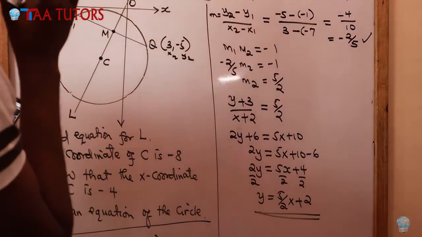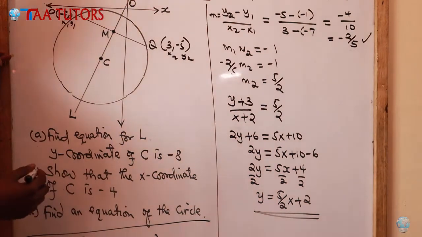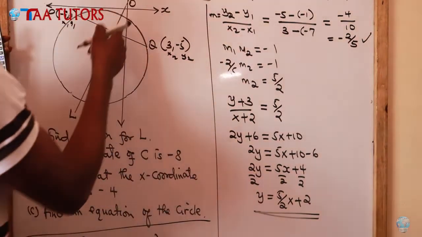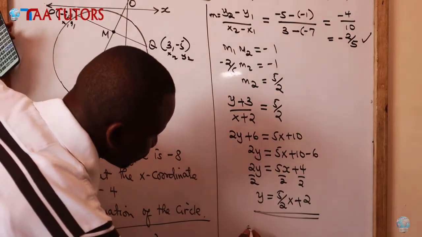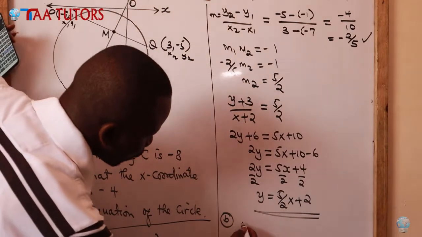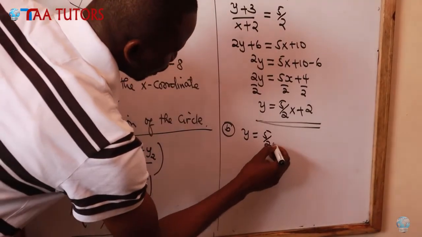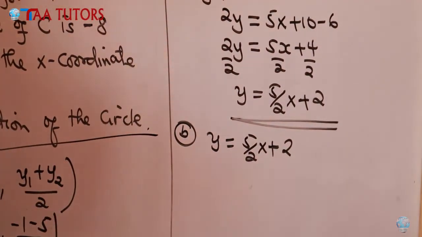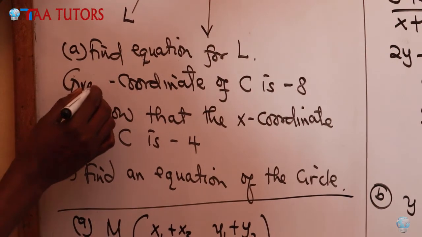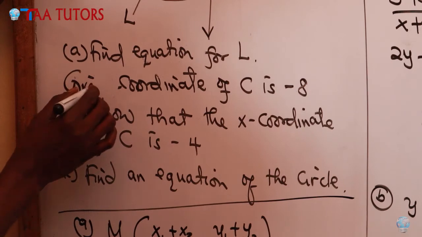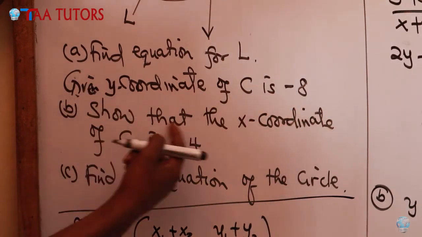Given that the y coordinate is -8, and knowing that this line passes through the center, we just substitute y into the equation.